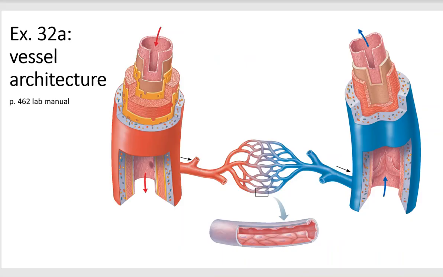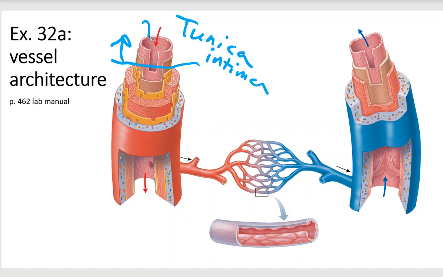And so here we can see architecturally those tunics that I was just talking about. From here up, we have tunica intima. It's going to be the epithelial lining and then a little bit of basement membrane that the endothelial lining sticks to, and the internal elastic lamina.